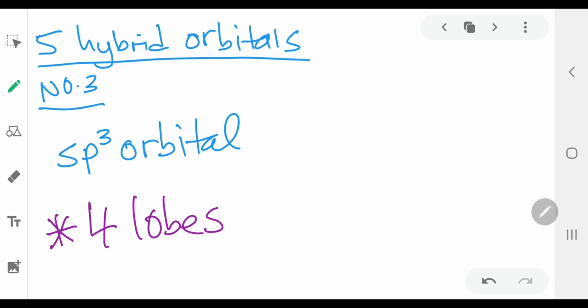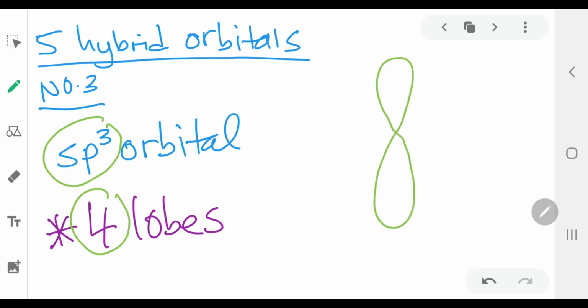The next one is SP3 hybrid orbitals, which will have 4 lobes. Okay, so when you have 4 lobes, your shape will look like this: one lobe, the second one, the third one, and the fourth one. So that is the shape of SP3 hybrid orbitals. Why does it have 4 lobes?